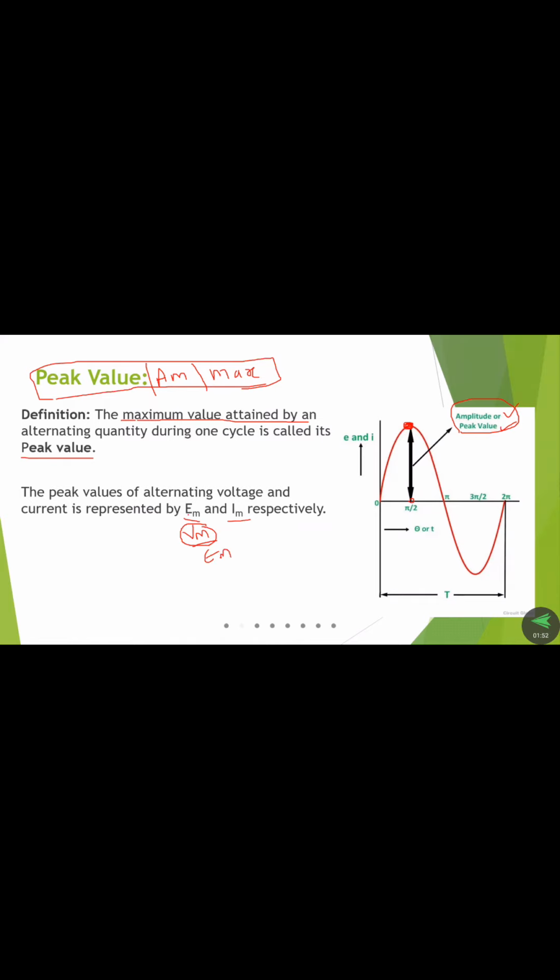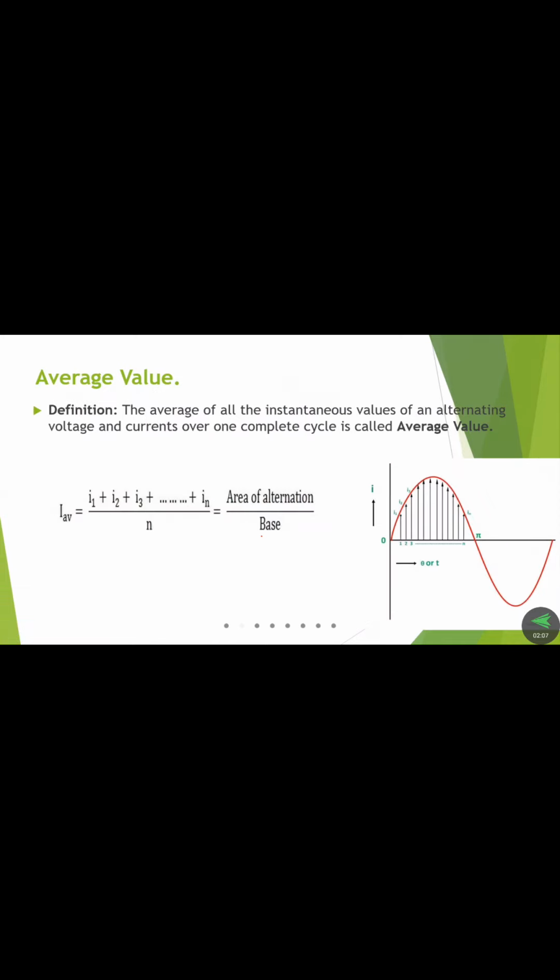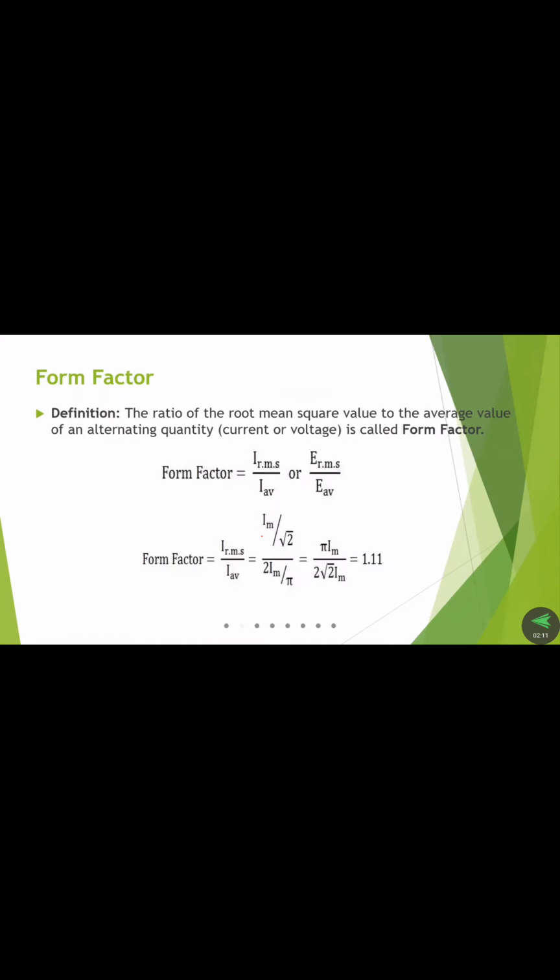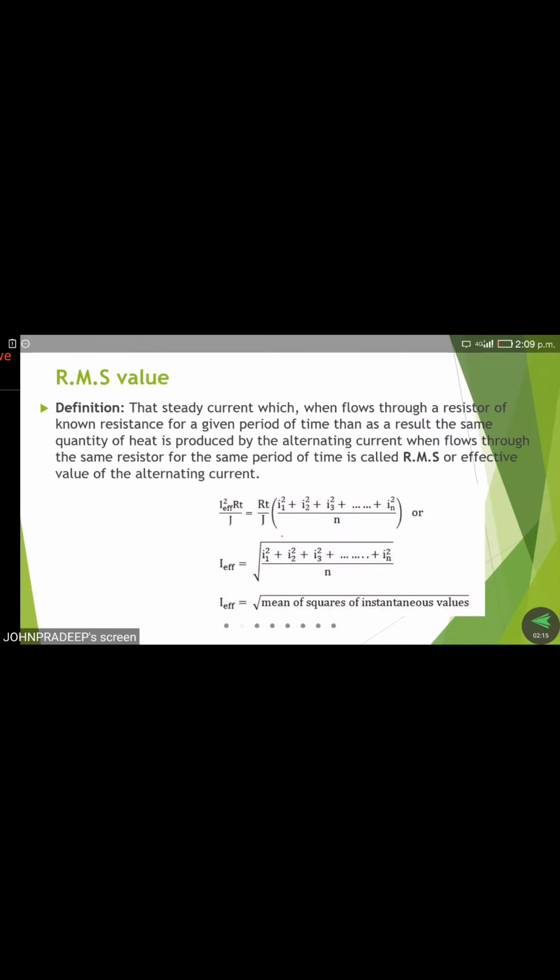Because of that reason, voltage is represented with Em and current is represented with the Im value. So this is about the peak value. So almost we have the definitions. Next, average value, then RMS value, peak factor and form factor. We will discuss these.